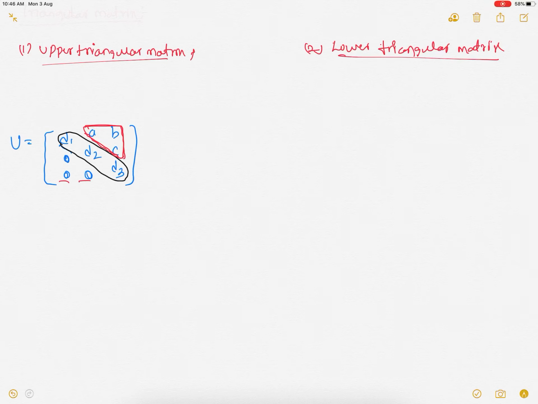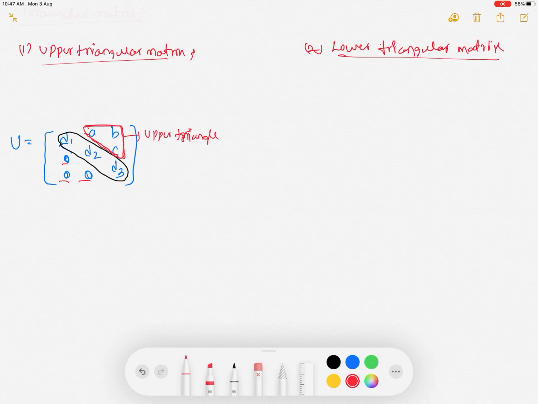So these elements are becoming 0, but these elements are not becoming 0. That's why here we are getting an upper triangle, and that's why we call it an upper triangular matrix, correct?